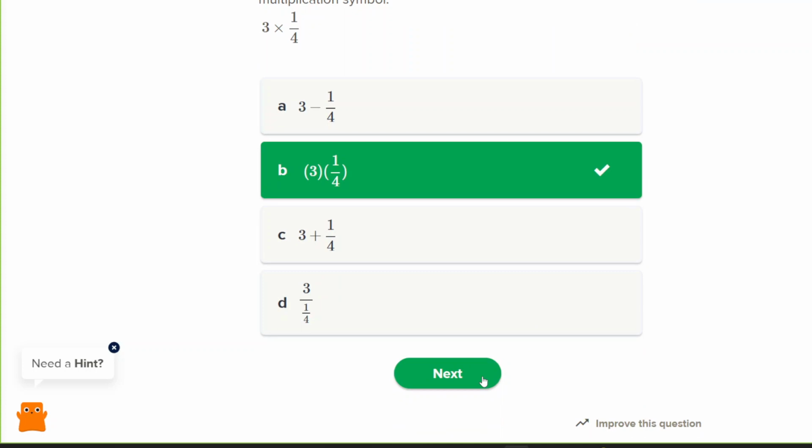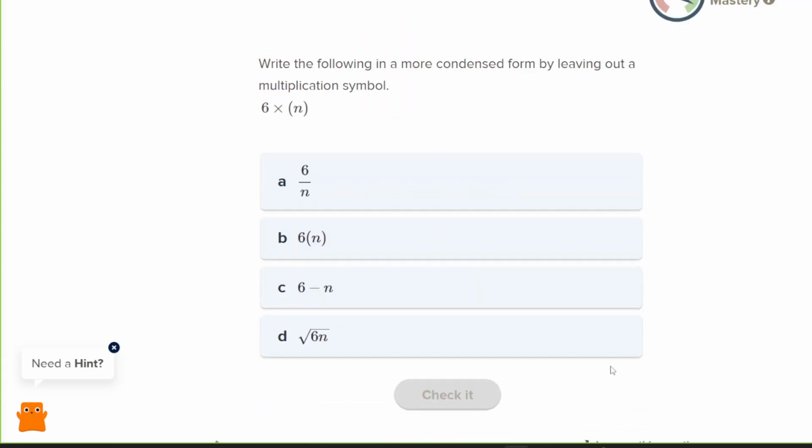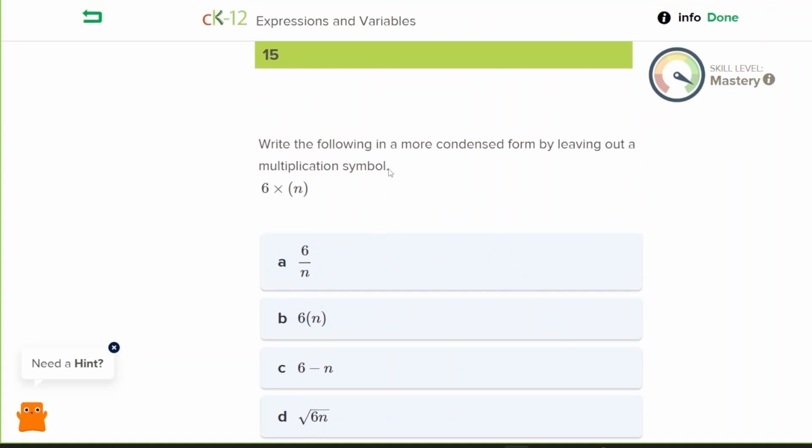All right, so I'll do just one more example. Again, we're asked to write the following in a more condensed way, leaving out multiplication. 6 times n. We saw this in the very first example of this video, where it was 2 times n. You can just put them next to each other.